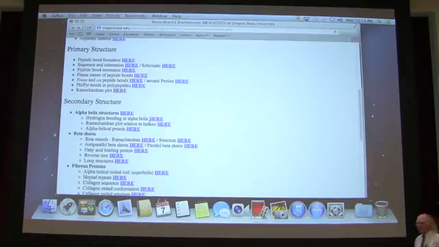It's a regular, repeating structure that arises as a result of interactions between amino acids that are 10 or fewer apart. Now, that's a definition, all right? In reality, what does secondary structure mean?